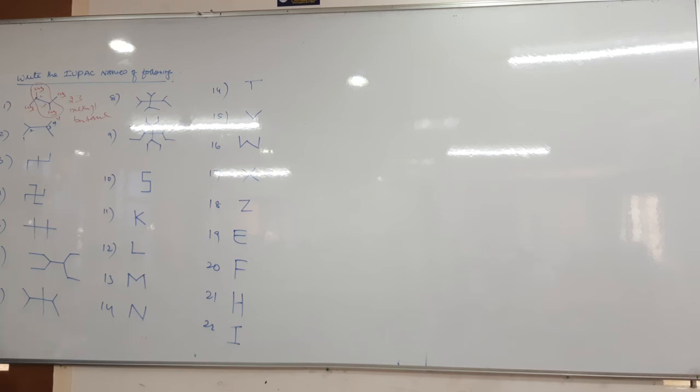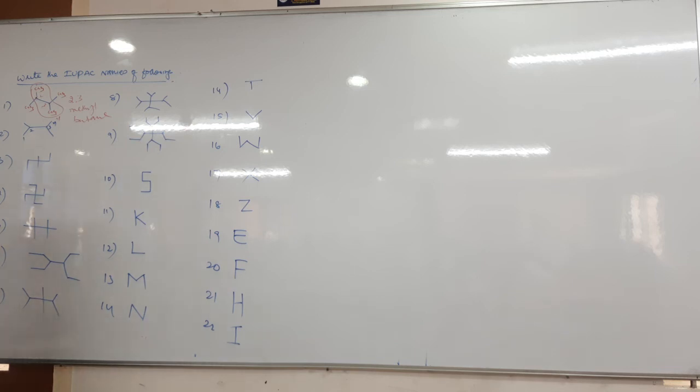Next, 4. If the parent chain contains double and triple bonds at different positions, follow the lowest sum rule.